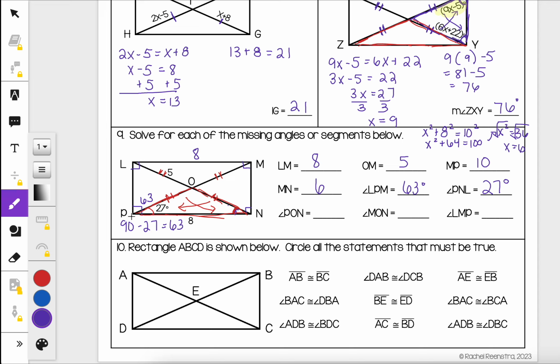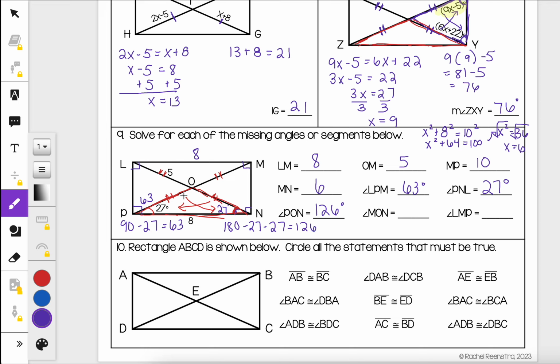Next, I'm looking for PON. So I know this angle was 27. In that isosceles triangle, I have 180 degrees. So I know 2 out of my 3 angles. So 180 minus 27 minus 27 is going to be 126 degrees.